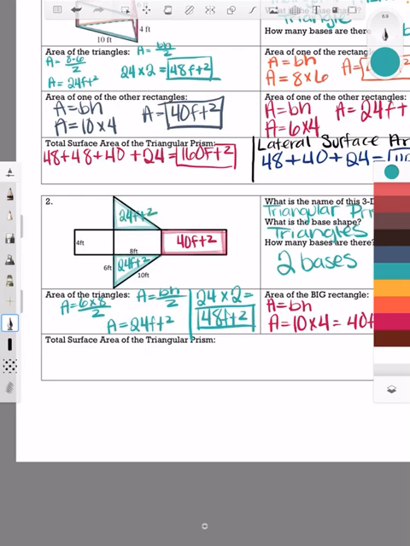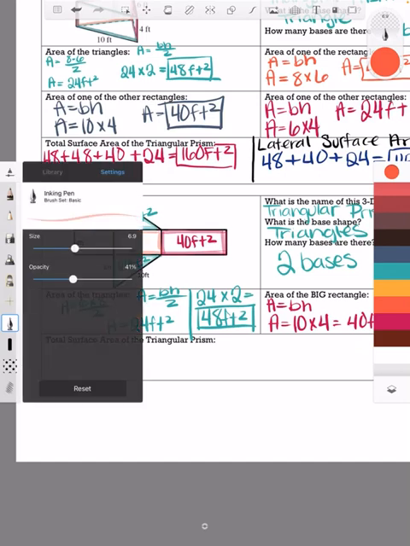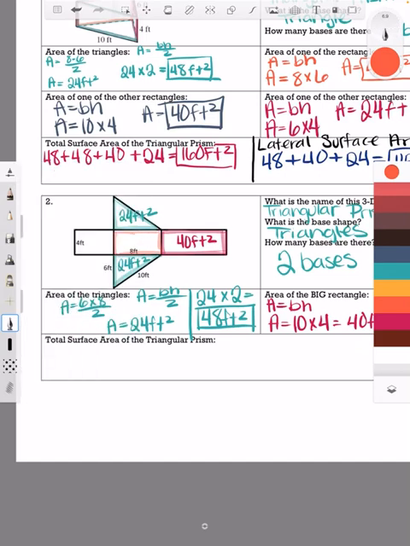All right, now I'm going to find the area of this middle rectangle. For this middle rectangle, I'm going to multiply 8 times 4 together, and that gets me 32 feet squared.